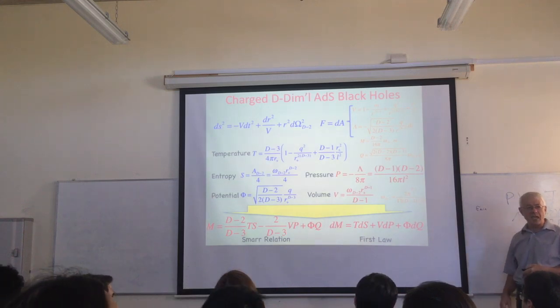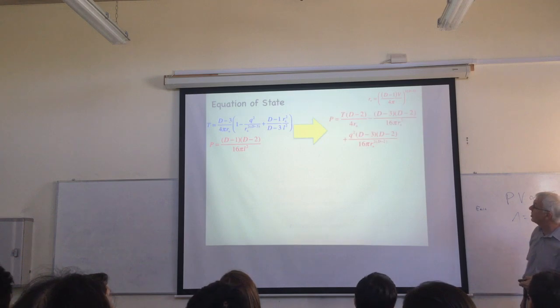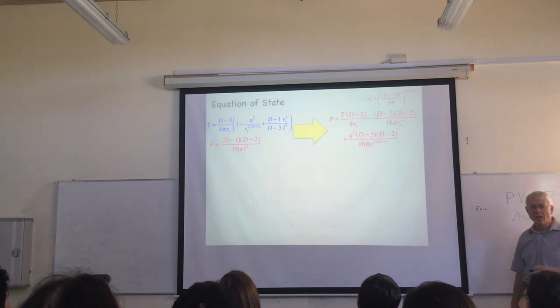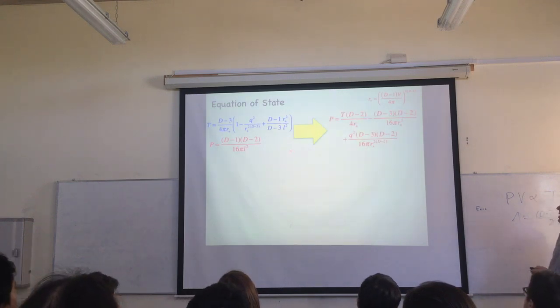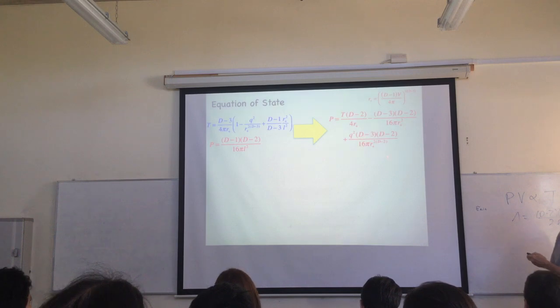The object of the game is to ask if anything different happens, and the answer is not really. A little bit different happens. The equation of state now has this d-dimensional dependence, but notice you've got a positive 1 over volume, a negative 1 over volume squared, and then a charge over volume to some power occurring.